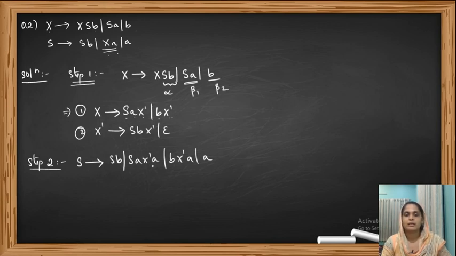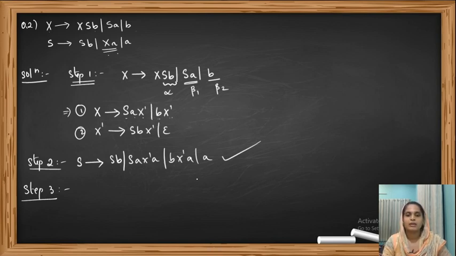Now look here. It is clear that the indirect left recursion is eliminated from the S production, and now we can see two terms that created direct left recursion. So what is the third step? The third step is to eliminate left recursion from this production, that means to eliminate the direct left recursion from this newly created S production.